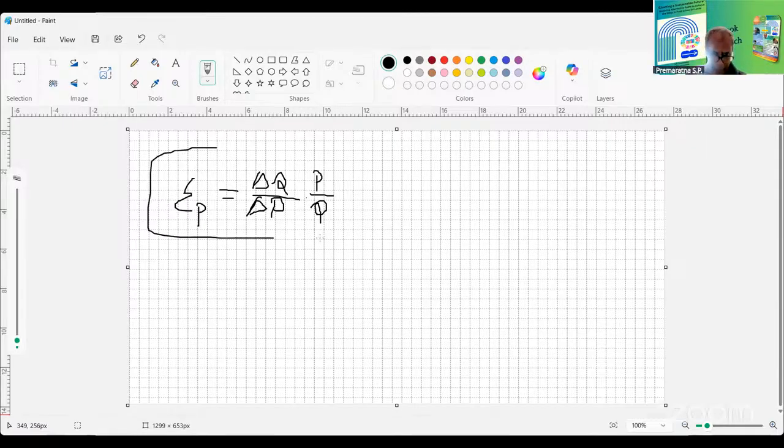I'll take this formula right now just to go along with and to understand.